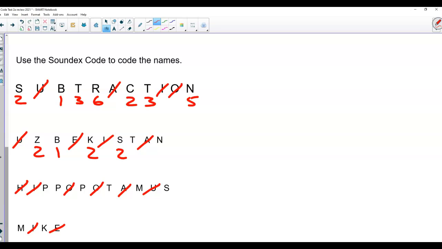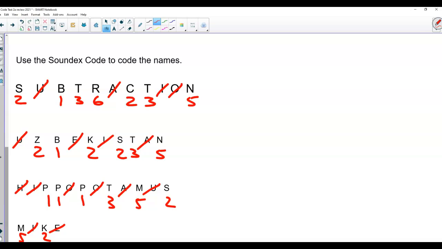T is 3. N is 5. P is 1. P is 1. P is 1. T is 3. M is 5. And S is 2. M is 5. And K is 2. So everyone has their numbers.